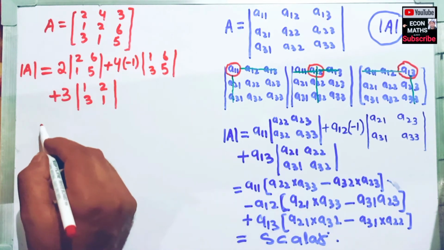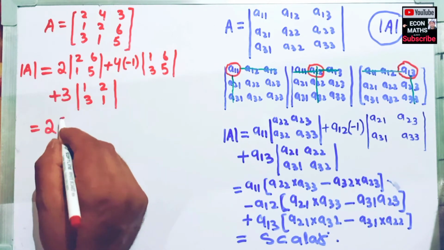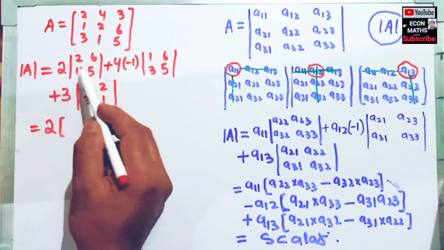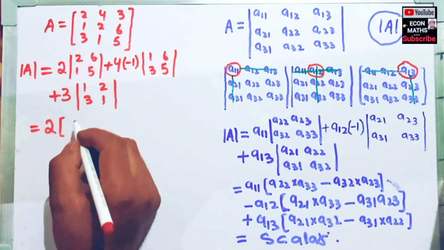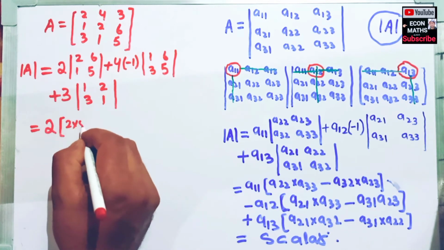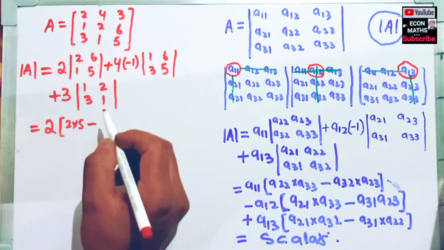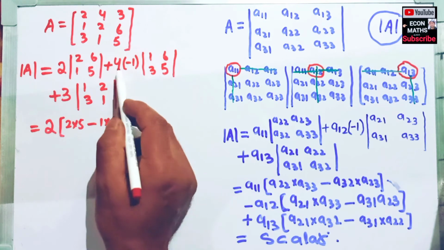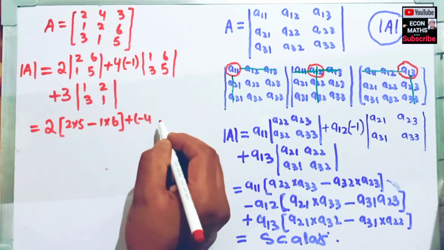Now solving this, here it is 2. Now multiplying these two principal diagonal elements, that is 2 into 5, minus the product of these two elements, that is 1 into 6. Similarly here 4 into -1 will become -4.